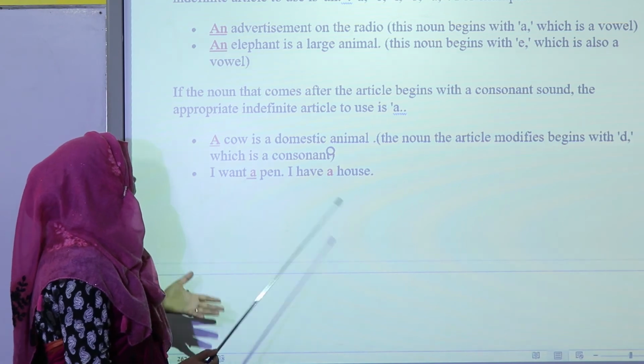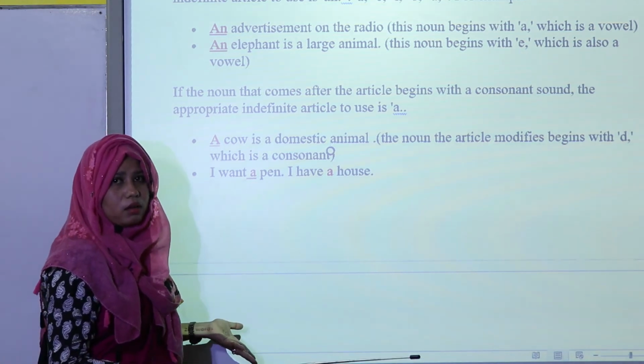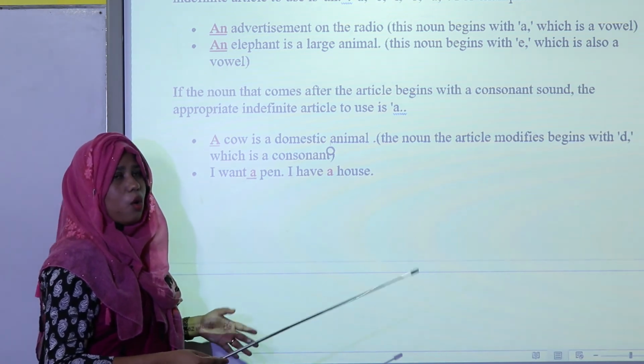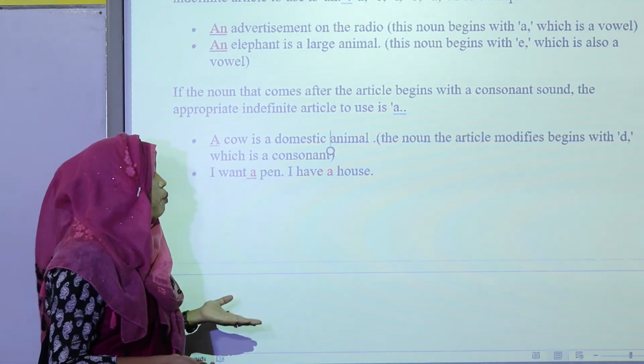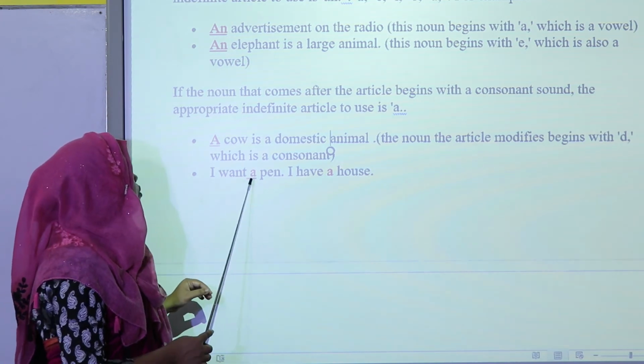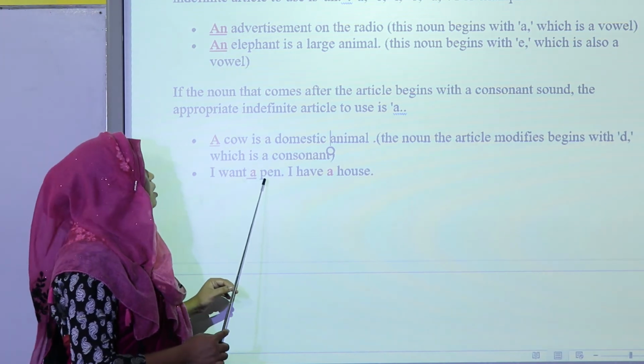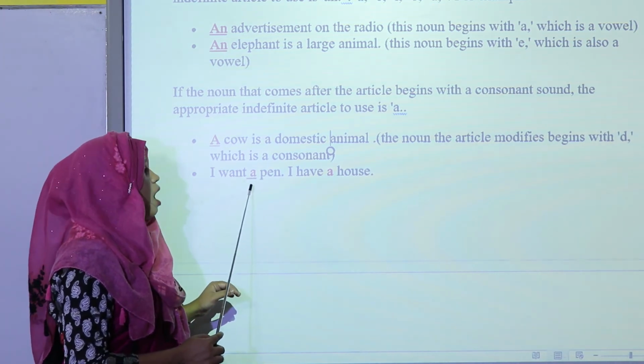Like that, another example: I want a pen. Which pen? Any pen, any kind of pen. There is no specific mention. And pen, P-E-N, the letter P is a consonant. That's why I use a here.